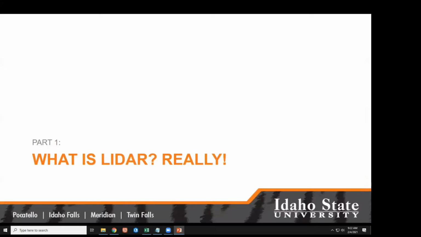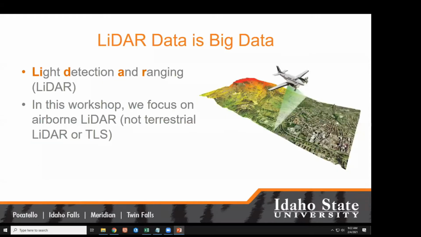Part one of the presentation here today is, what is LIDAR really? LIDAR data, first of all, you probably noticed this just with the exercise file, LIDAR data is big data. LIDAR is an acronym. It stands for Light Detection and Ranging. It's spelled all different ways.